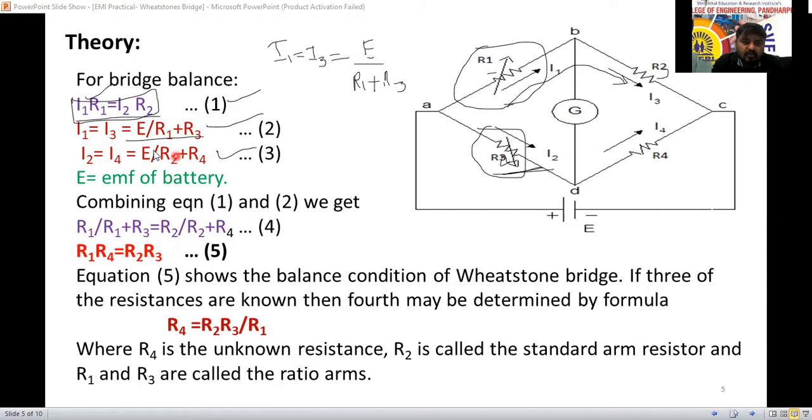On both the LHS and RHS, E is there, so E will get cancelled. So we get R1 divided by R1 plus R3 equal to R2 divided by R2 plus R4.